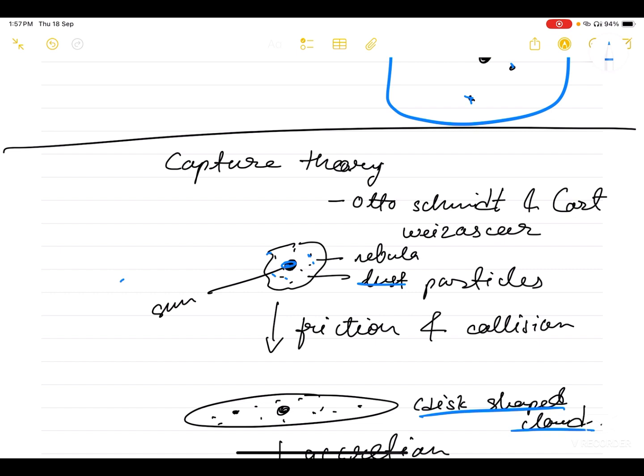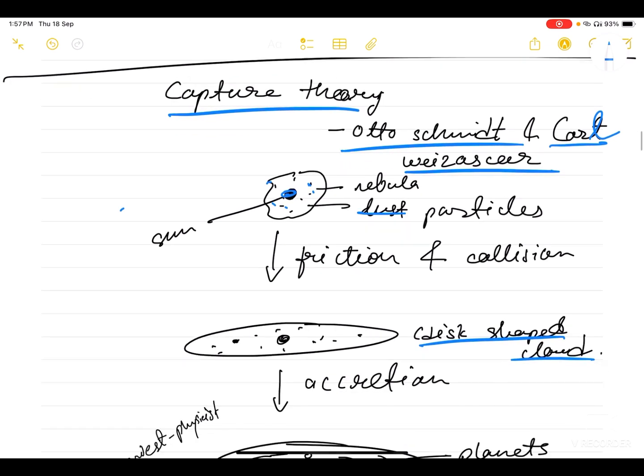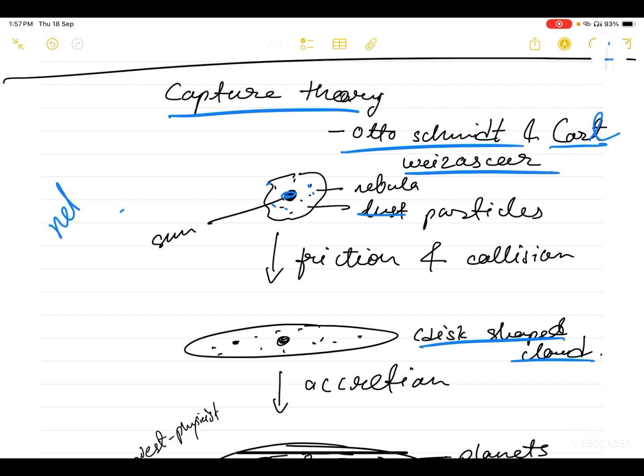Lastly, we come across the capture theory, proposed by Otto Schmidt and Carl Weizsacker. I'm sorry if my pronunciation is wrong. The capture theory is almost a revision of the nebular hypothesis; there are not a whole lot of differences.